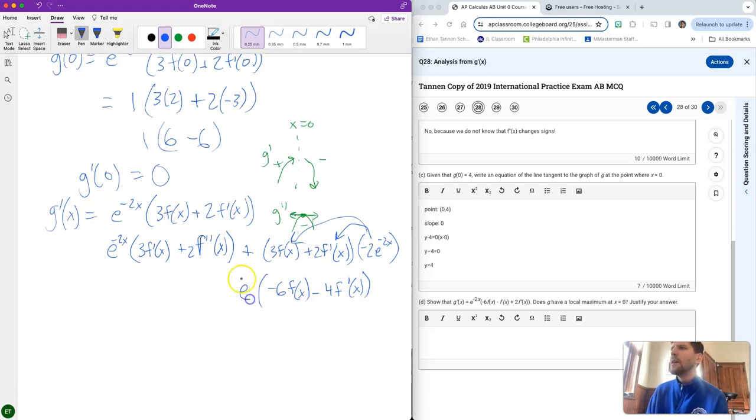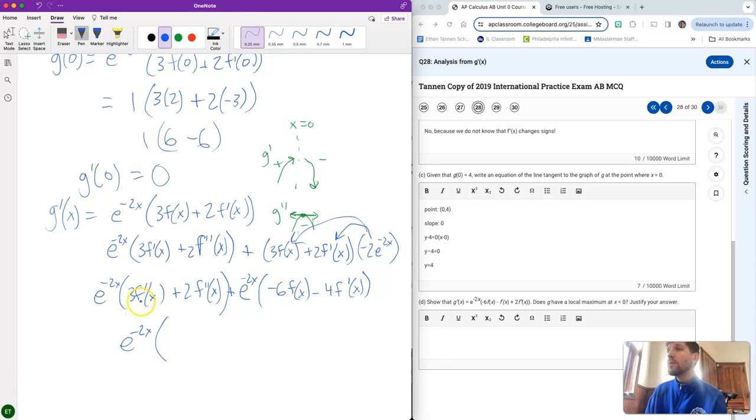So it sort of becomes just algebraic manipulation here. Since both have an e to the negative 2x, I could just combine my terms. So it's e to the negative 2x times all of these parts together.